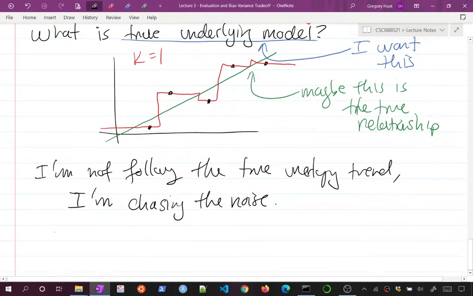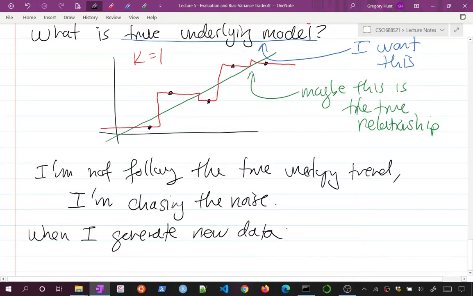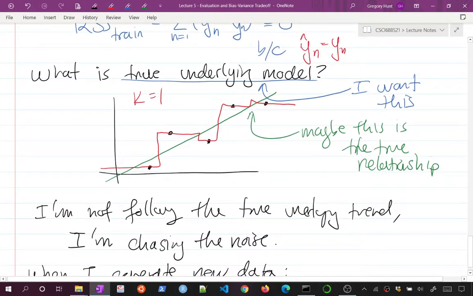Why is this bad? When I generate new data, if my true underlying model is this green line, the points fall on the green line, but then there's some random spread around the green line, what's the likelihood that the best thing to do is this kind of arbitrary red zigzag shape? My new data is for no particular reason going to follow this exact zigzag.